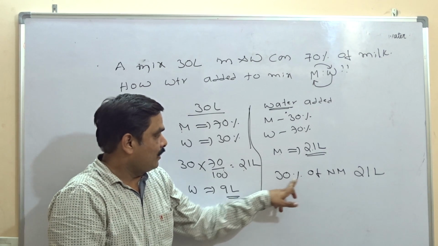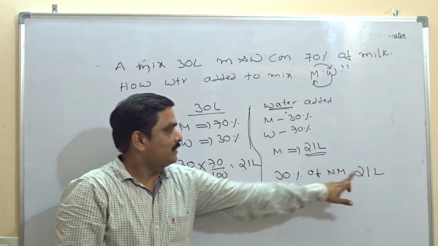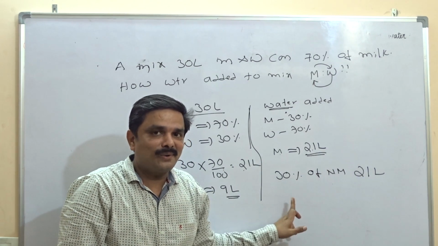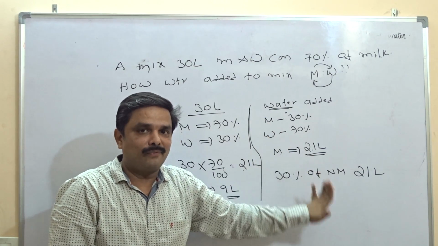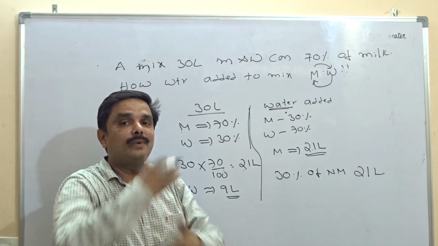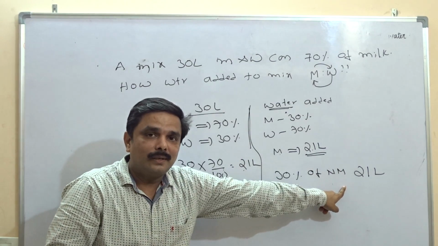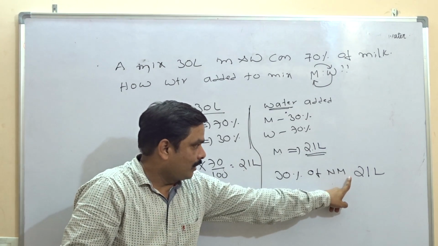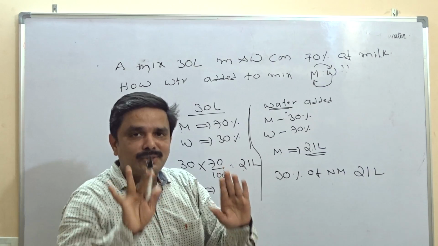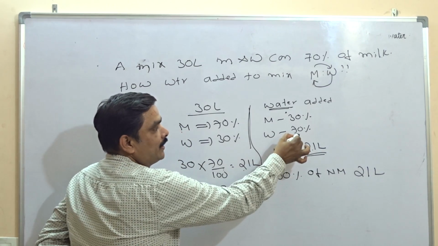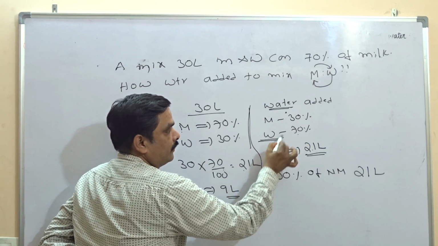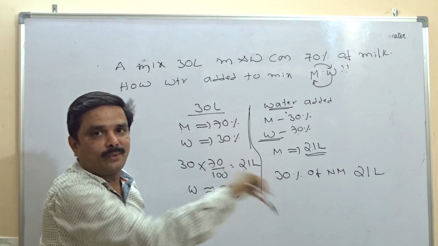Now I need not find out what is 100% of the new mixture because that is not required for me. What is required in this question is how much water is going to be added, so I will simply find out the quantity of water in the new mixture. After that I find out the final answer.